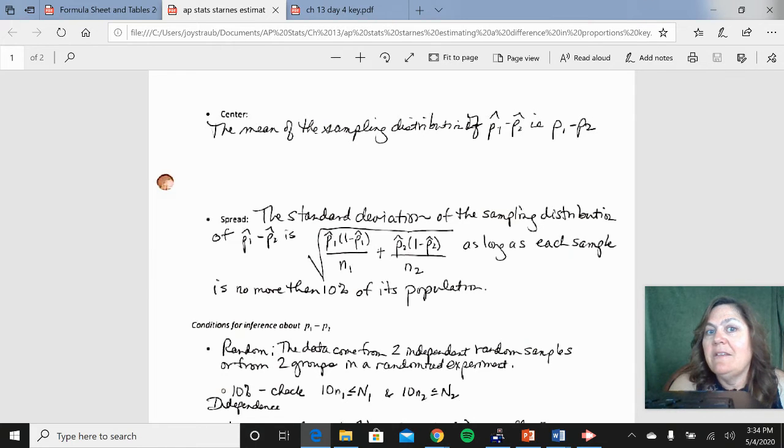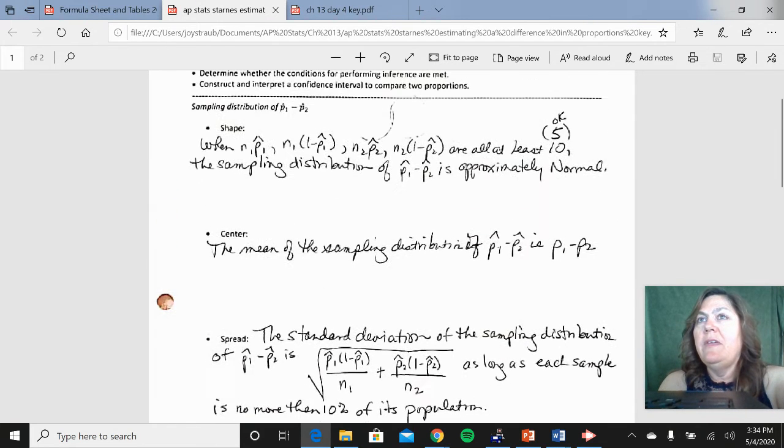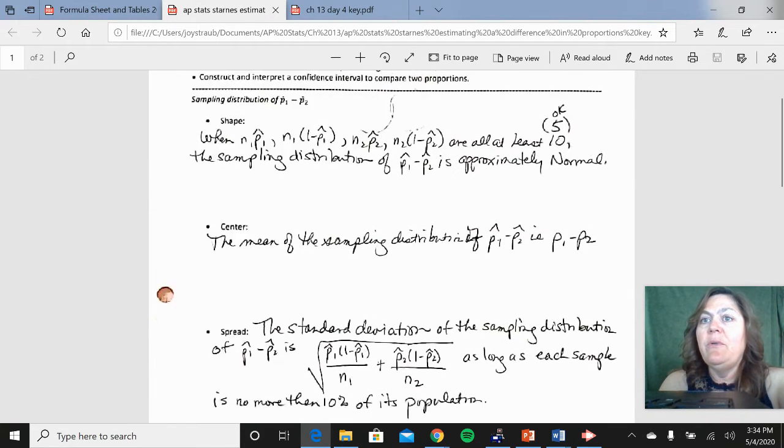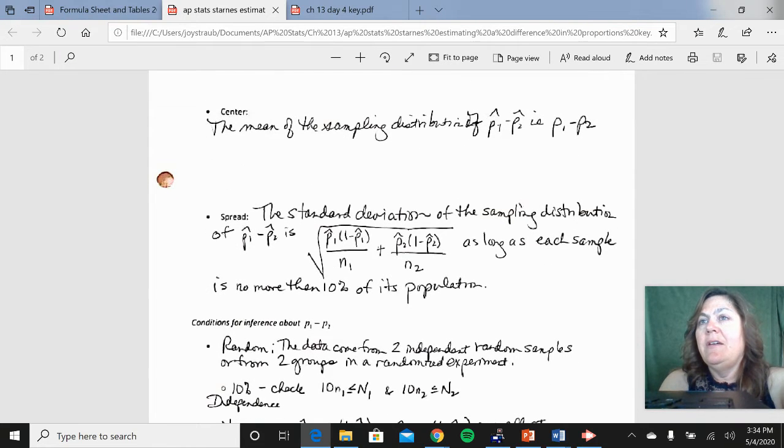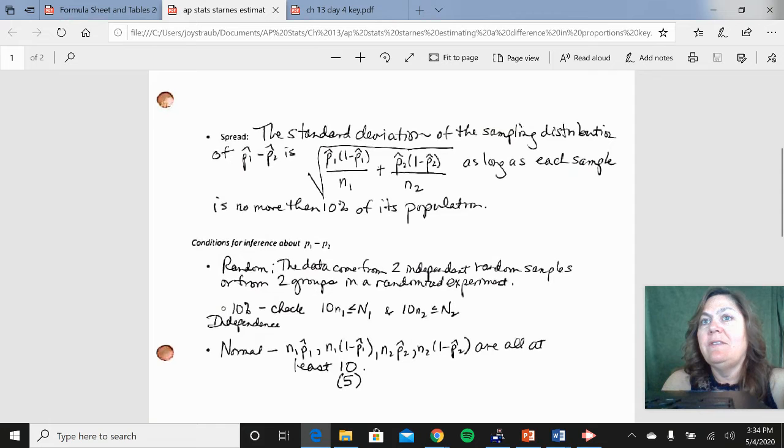Remember, that 10N condition allows us to use that standard error in our work. The np condition allows us to do normal, and when 10n is less than capital N, that allows us to use that formula for standard deviation.